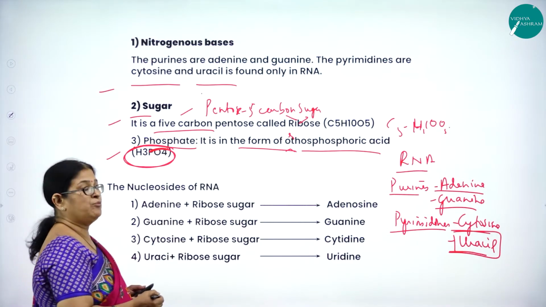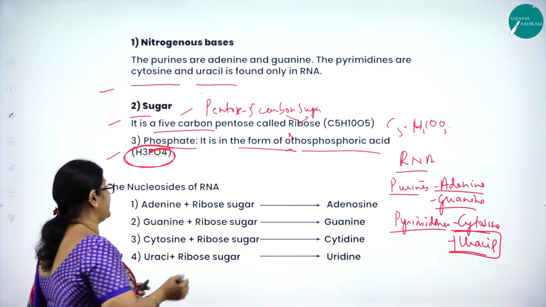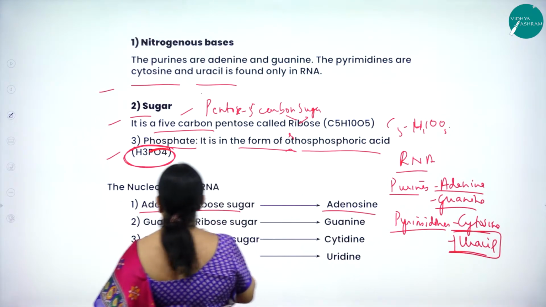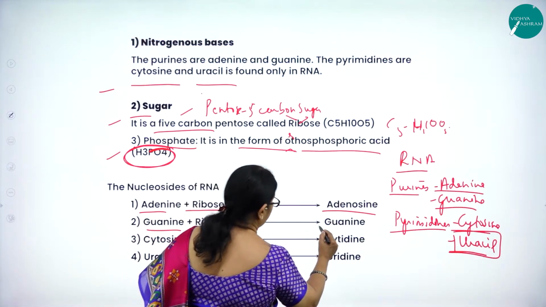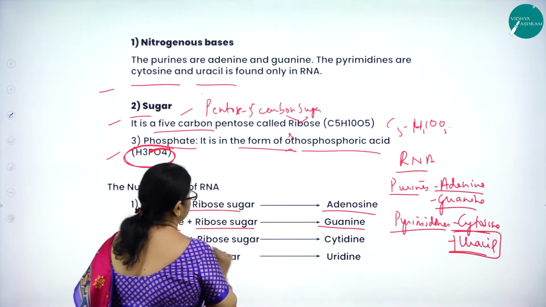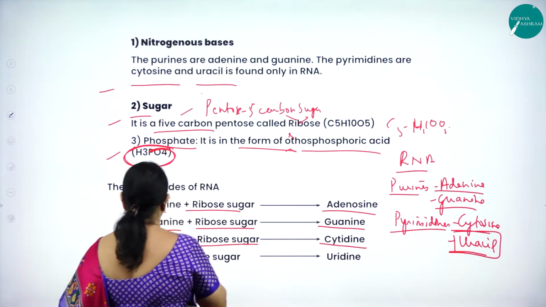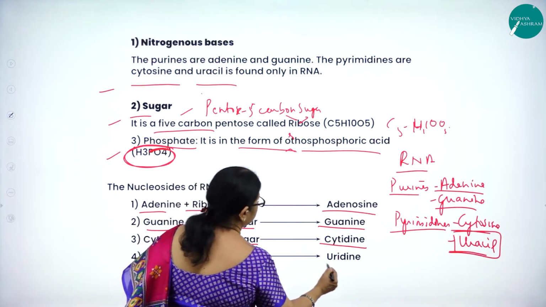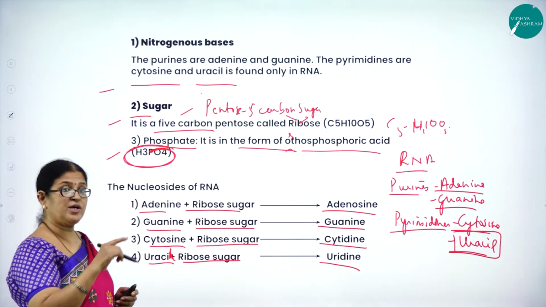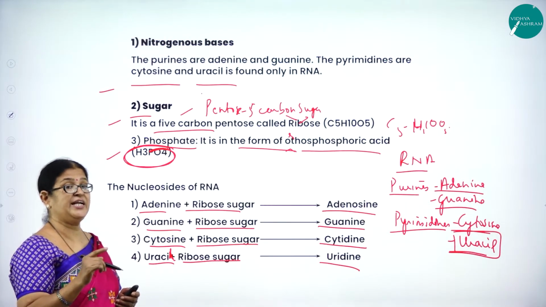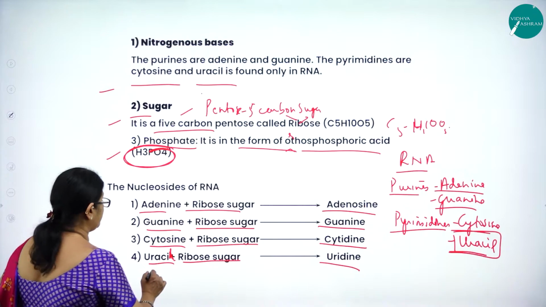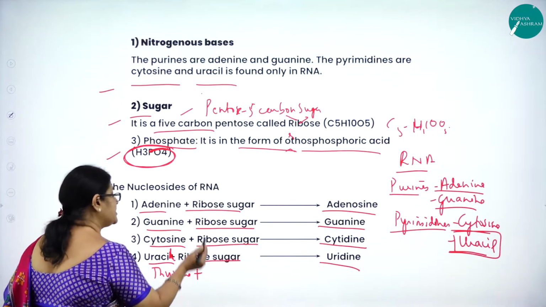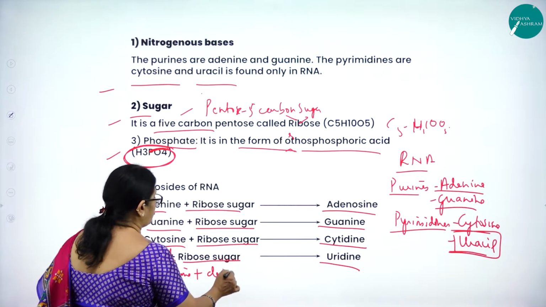And what will be the nucleosides of RNA? Adenine plus ribose sugar forms adenosine. Guanine plus ribose sugar forms guanosine. Cytosine plus ribose sugar forms cytidine. Uracil plus ribose sugar forms uridine. In DNA it was thymidine: thymine plus deoxyribose sugar.